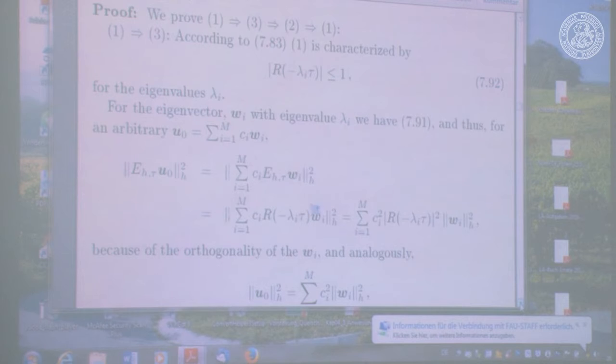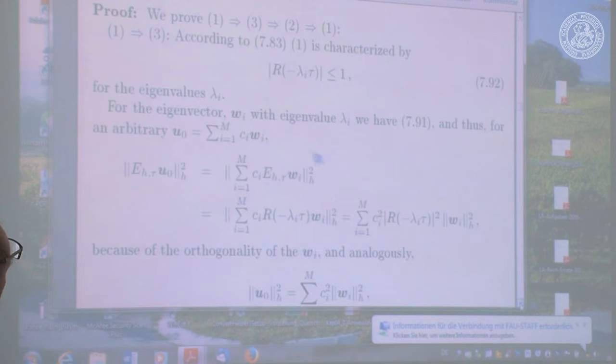So we take all the coefficients which we have here, we have to square this and sum up. And here it is not assumed that the w_i are normed, and therefore also this norm appears here.